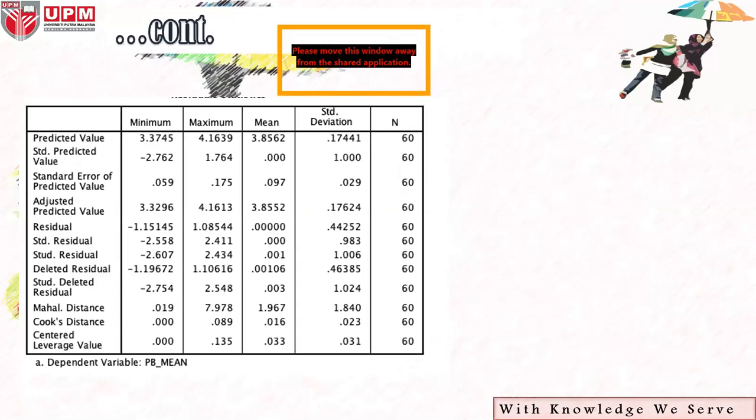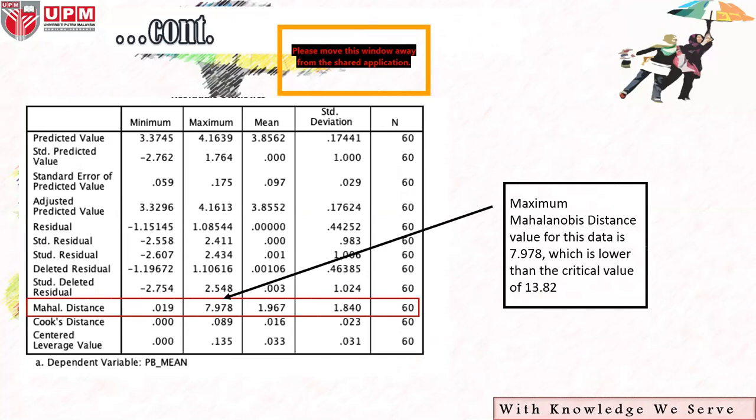In your data set, you refer to the column Mahal distance, and you refer to the maximum value, because this value summarizes your data set. The minimum is 0.019, the maximum is 7.978. This value is still lower than the critical value of 13.82. So we can say that there is no issue of outliers here, and no multicollinearity issue. Should be okay.